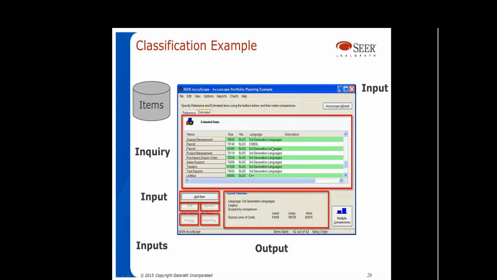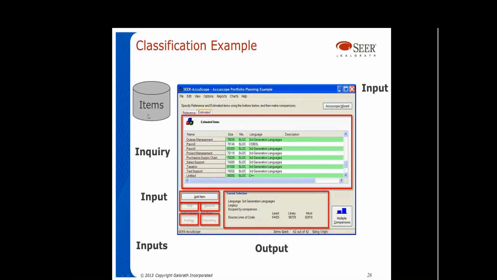This is the full screen of the application I've been showing you. The original screen here has many things happening. You have an inquiry. This inquiry is showing information that is provided from an internal data store, the items database, and it's not deriving it at all.